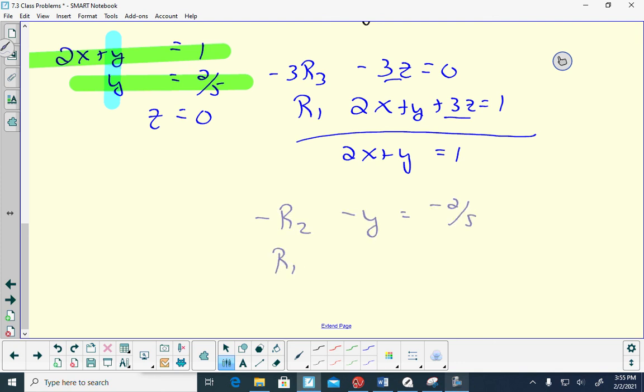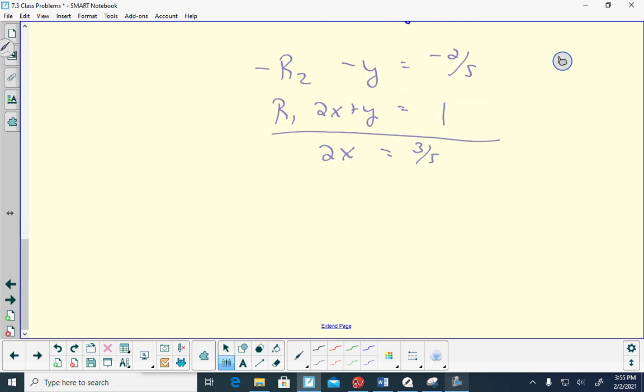And row 1 is 2x plus y is equal to positive 1. So when I do that, I'm going to have 2x. Those will equal 0. And then negative 2/5 plus a positive 1, you're probably doing on your calculators, 3/5. Divide both sides by 2, which is the same thing as multiplying by 1/2.